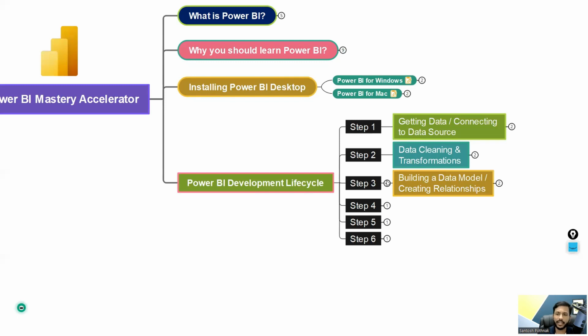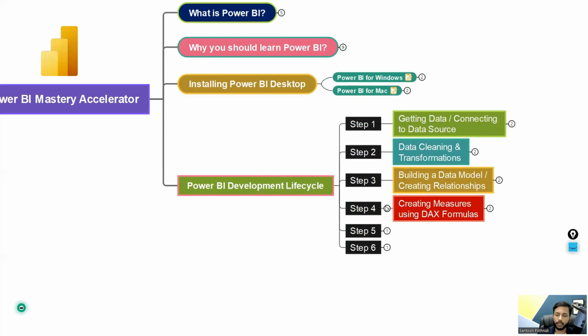So once step 3 is done, we have to go to step 4. In step 4, what we do is basically creating measures. You might have heard about measures, right? Whenever you have heard about Power BI, you might have heard people talking about DAX or measures. We can create measures using DAX formulas. DAX is a specific language, not exactly like other programming languages.